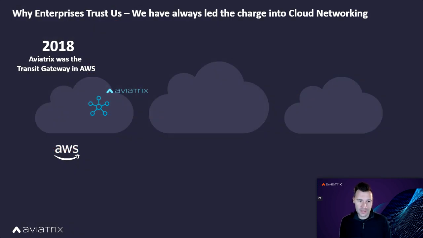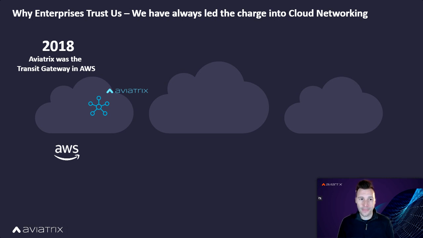Where do we come from, right? We were founded in about 2014, and in 2018, we were the transit gateway in AWS. When VPCs wanted to talk to VPCs back in the day, they only had one option, that was VPC peering. We all know how complex that gets when you're talking about hundreds of VPCs. So our founder, Dr. Sherry Wei, came up with the idea of a router that lives cloud natively, and we can do all the components you'd expect of a transit gateway.